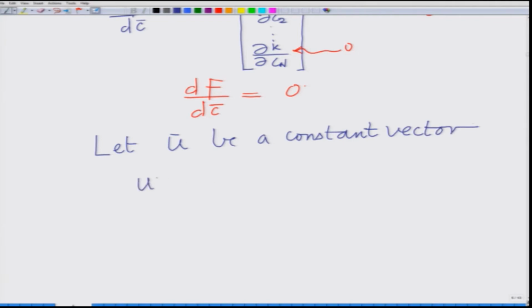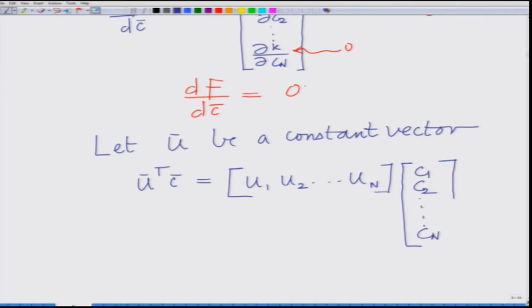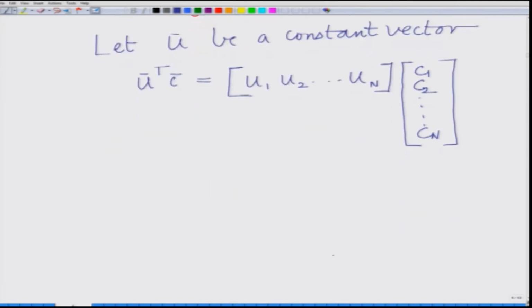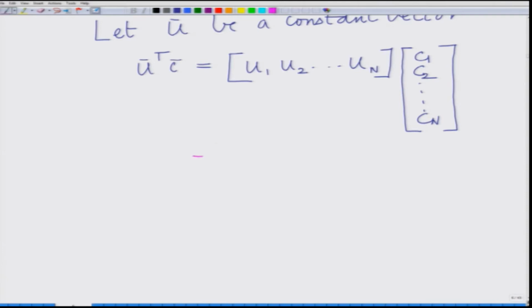Then the inner product is u bar transpose C bar, which is the row vector u 1, u 2, and so on up to u n, times the column vector C 1, C 2, and so on up to C n, and this is equal to u 1 C 1 plus u 2 C 2 plus u n C n.